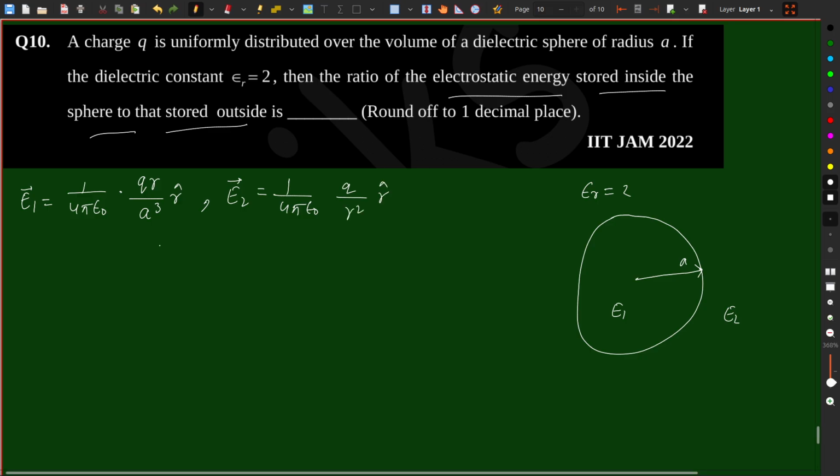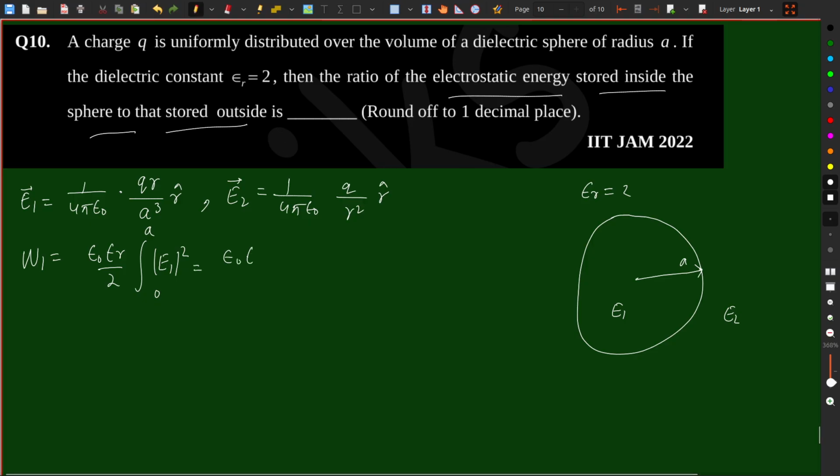Okay, so let us first calculate the electrostatic energy inside. So W1 is epsilon naught epsilon r divided by 2, and mod E1 square, and this will be from 0 to a.